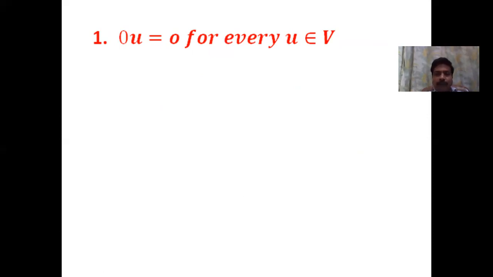But here, this is O, the zero vector of your vector space. So 0 times any vector is the zero vector. After doing this, we can use this result wherever we want.